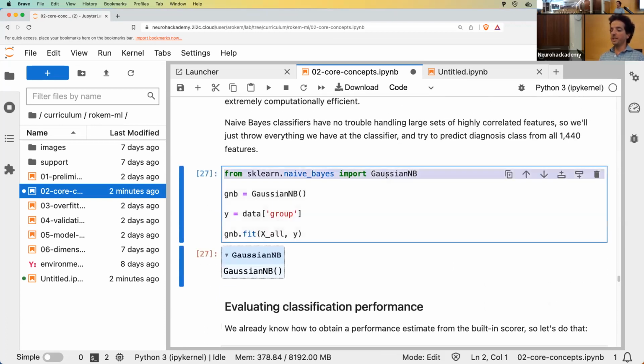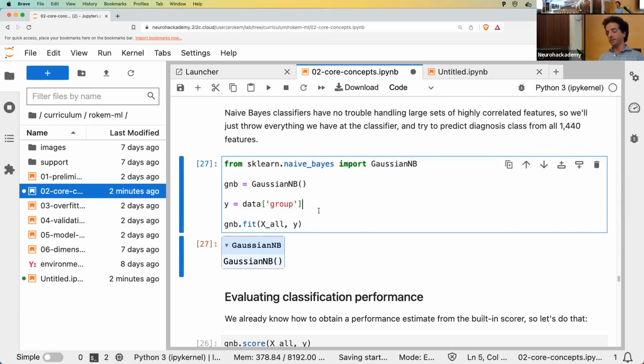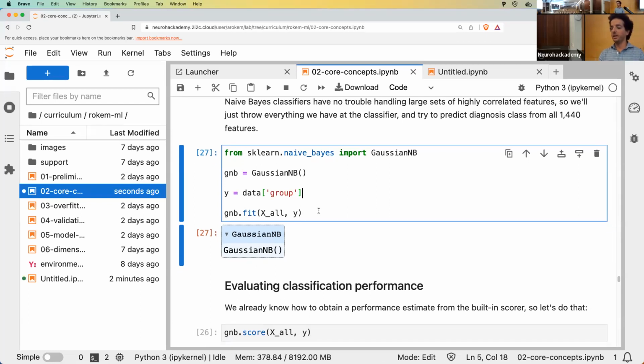So here we're getting this classifier, Gaussian NB, and the really cool thing to notice here is that when fit to all of the data, X-all contains all 1440 columns. This looks a lot like what we did for regression. That's the important thing, except Y is not the data age, instead it's the data group.